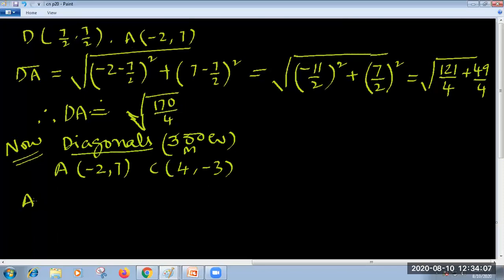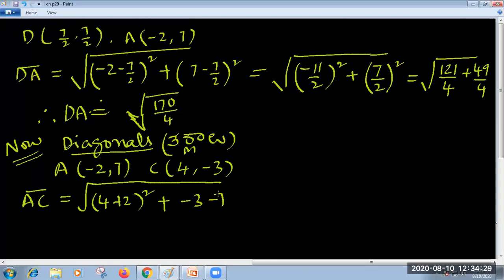Now the distance AC is equal to under root of (x2 minus x1) whole square, that is (4 plus 2), plus (y2 minus y1), that is (-3 minus 7), whole square.